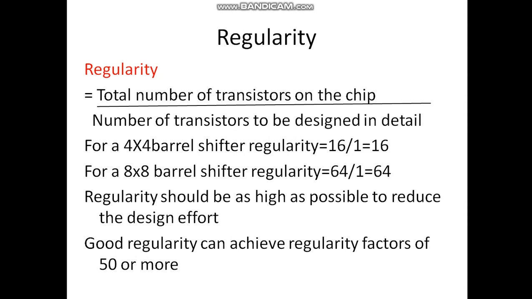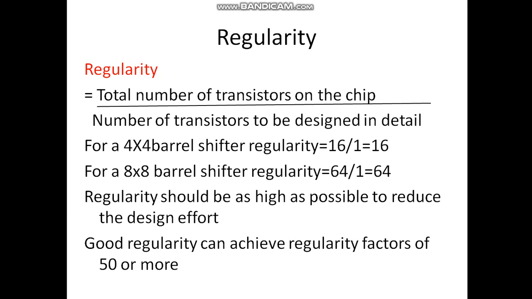In the last class, we have looked into the design of a barrel shifter, where we have considered a 4x4 barrel shifter. So totally the number of transistors are 16, and all 16 transistors are same. We are using an N MOSFET. So 16 by 1, the regularity factor is 16.